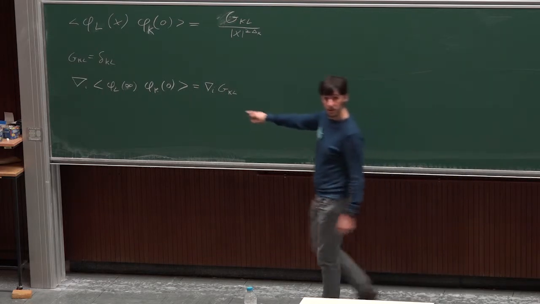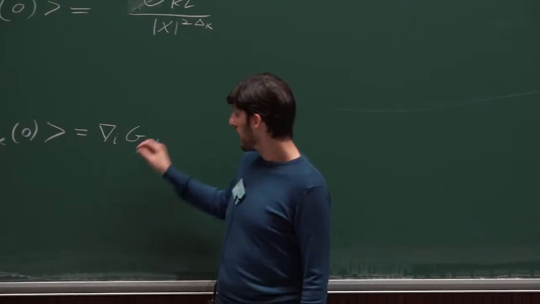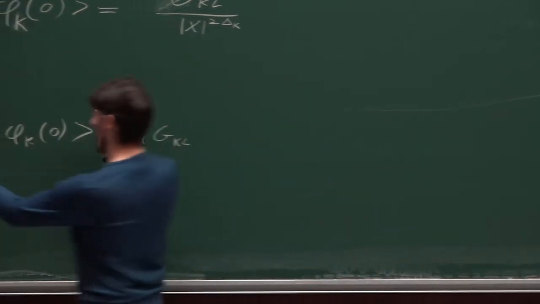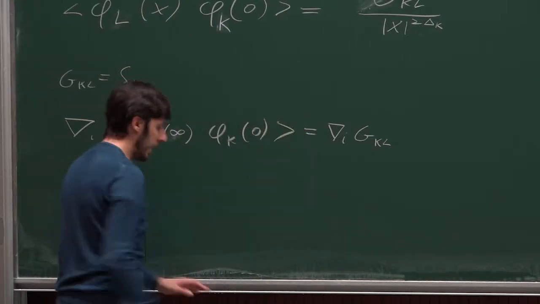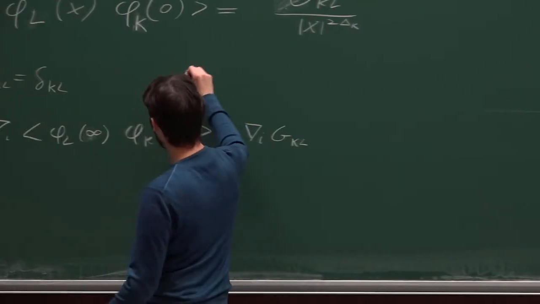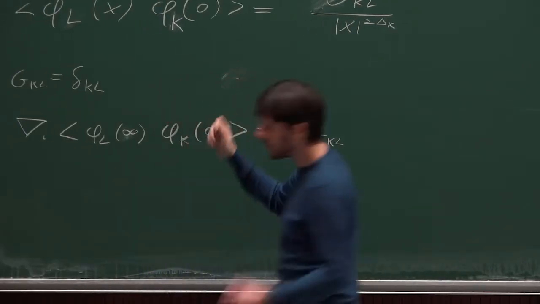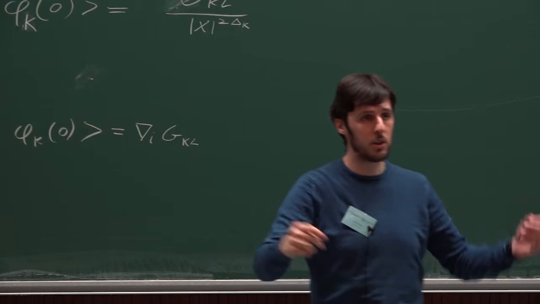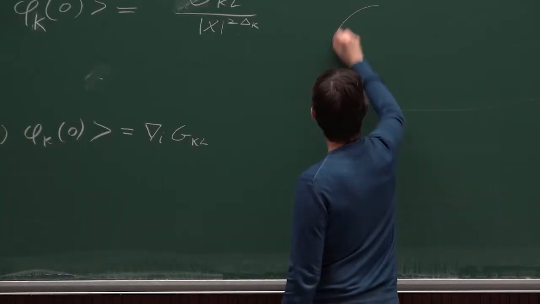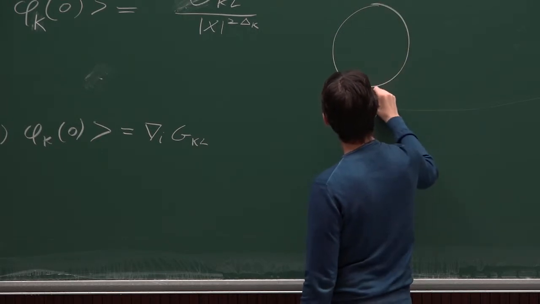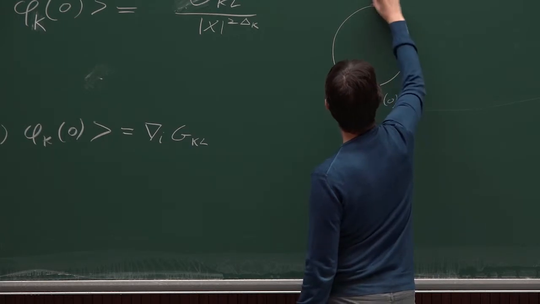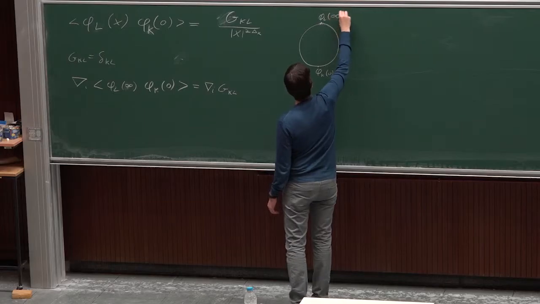What? This? The thing that I'm differentiating? Correlating from 0 to infinity. Oh, this object here. Well, yeah, you see, Sylvain explained to you that these correlators that I'm defining on the plane should really be thought of as correlators on the Riemann sphere, right? So you should imagine that you have a sphere, and this is my phi k of 0, and this is my phi l at infinity.